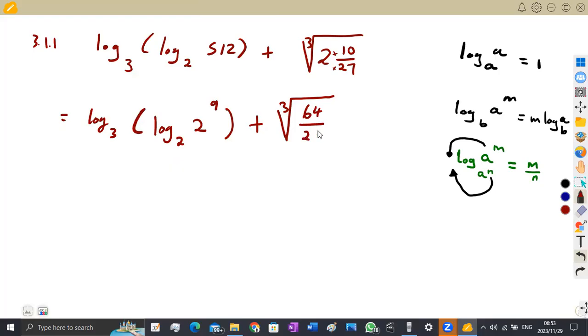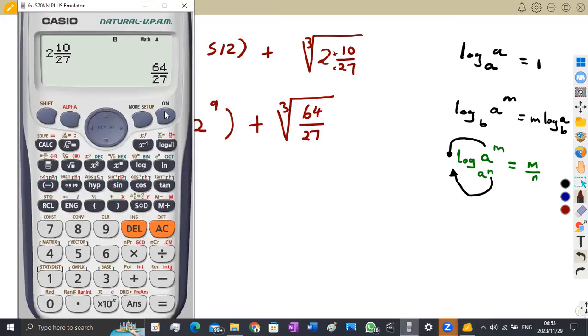All right, do not make a mistake of putting it this way to just write 2. Then you put a fraction like this. All right, is it gonna work, guys? Some of you do it like this. You say 10 over 27 like this, then you go back and put a 2.